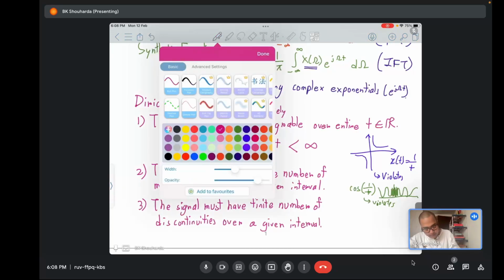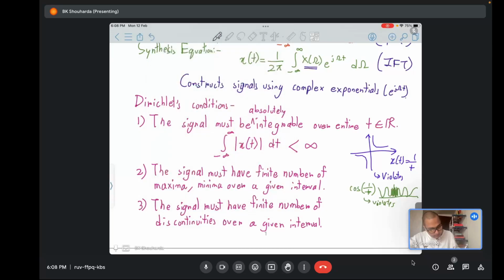Okay, so what that means is you can't have any signal that continuously has discontinuities like this. Such a signal always keeps on having discontinuities. You can refer to the lecture to have a better look at the signals that were shown.